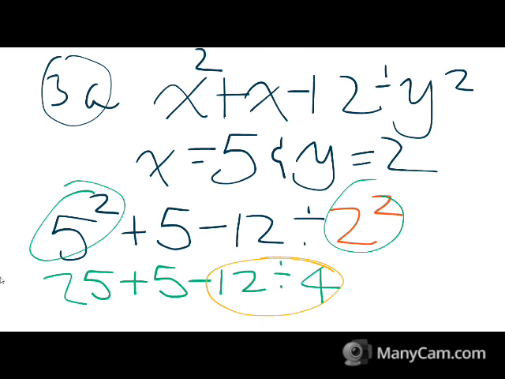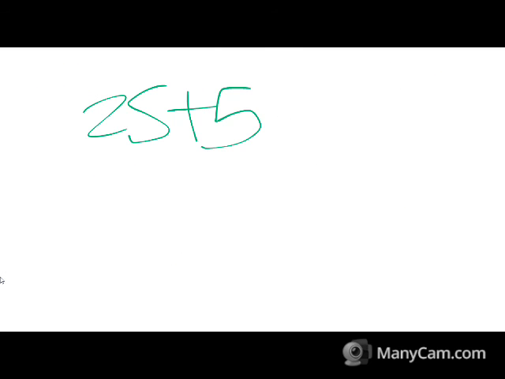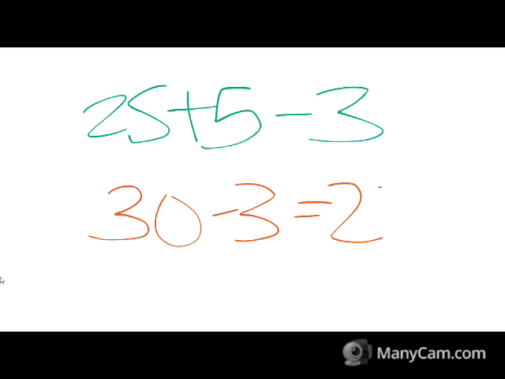So now we're going to have 25 plus 5, and then minus, what's 12 divided by 4? 3. Minus 3. So now we're left with addition and subtraction from left to right, however it comes. So 25 plus 5 is 30, minus 3, and that will give you a total of 27.